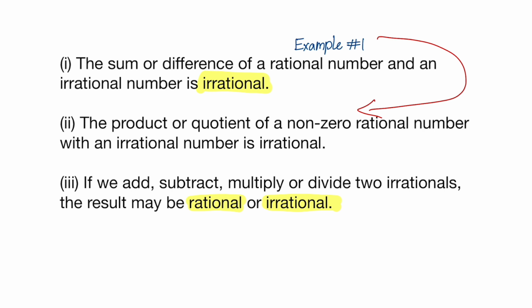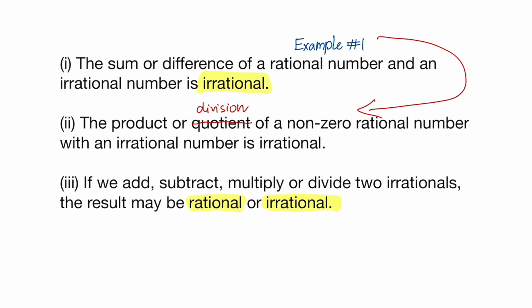So these are the inferences that we get from the examples that we have seen. The sum and difference of a rational number and an irrational number is irrational. The product or quotient, quotient meaning division. Let me just cut this and write division. That is just a fancy way of saying it, so don't worry about it. Of a non-zero rational number with an irrational number is irrational.